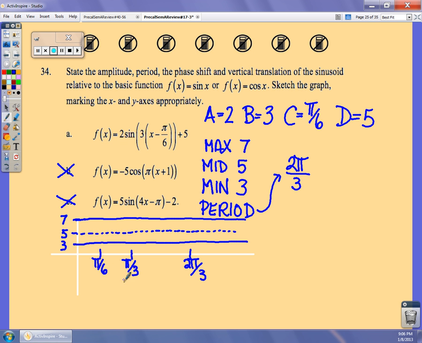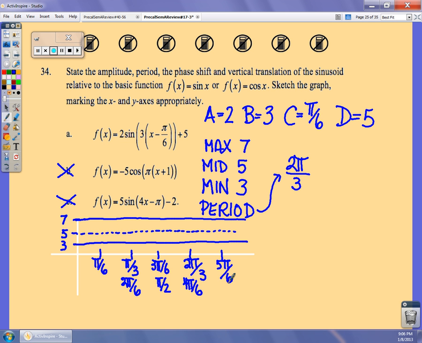Notice then that pi over 3 is really 2 pi over 6. I'll just put that there just to help us out. We then get 3 pi over 6, which we also know as pi over 2. So some of these have more than one name. This is 4 pi over 6, which makes the next one 5 pi over 6.